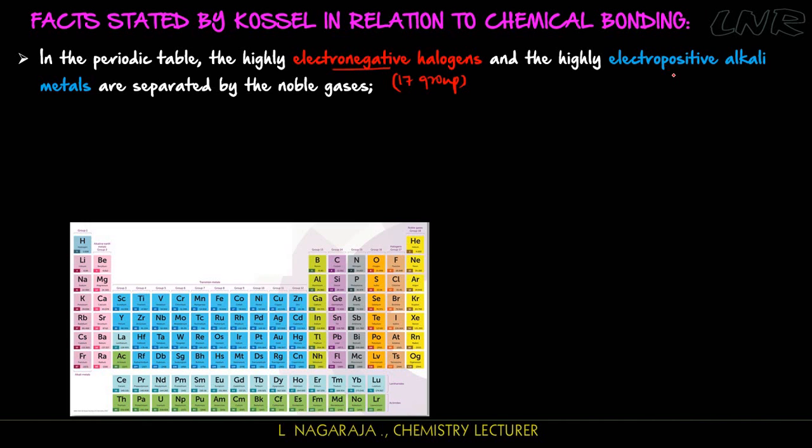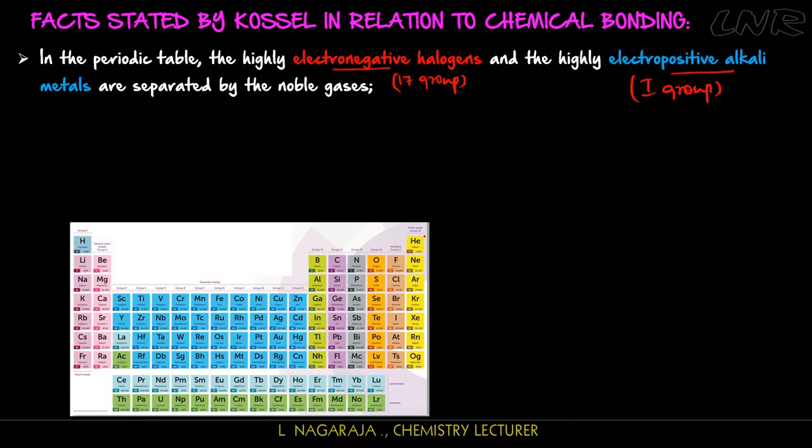And the highly electropositive alkali metals means first group elements. First group elements are called alkali metals. Second group elements are called alkaline earth metals.